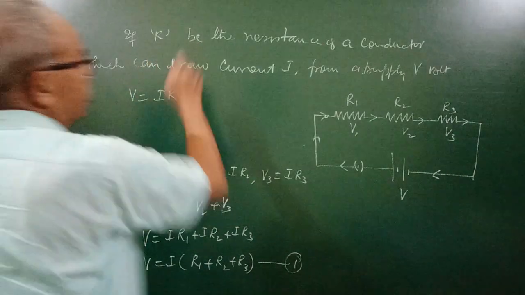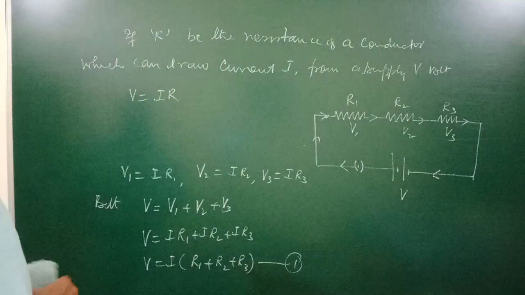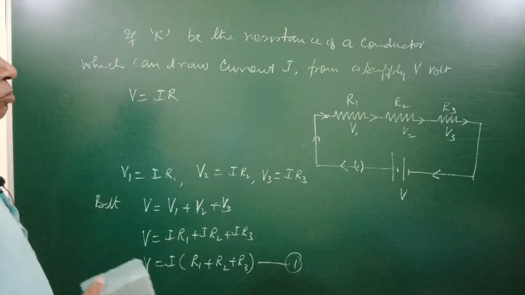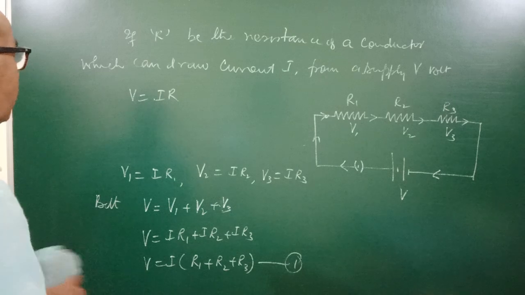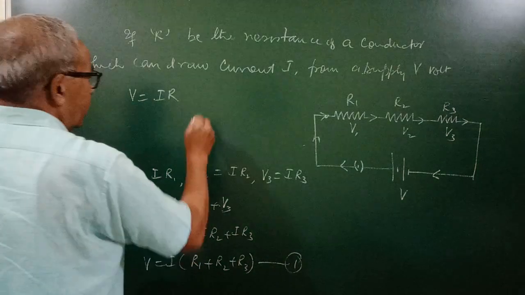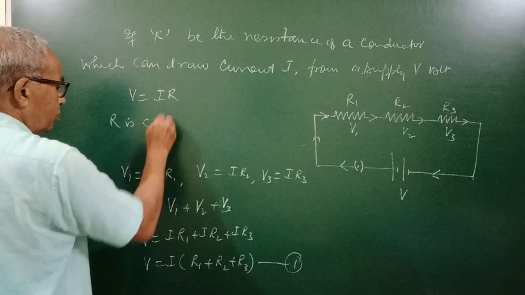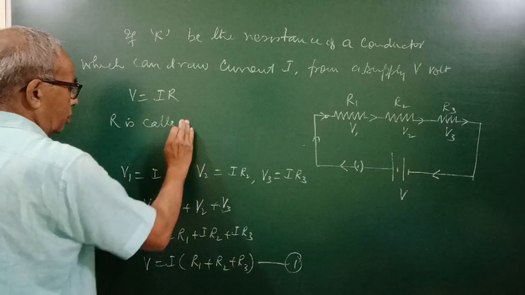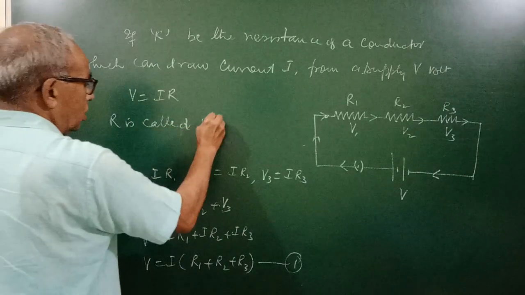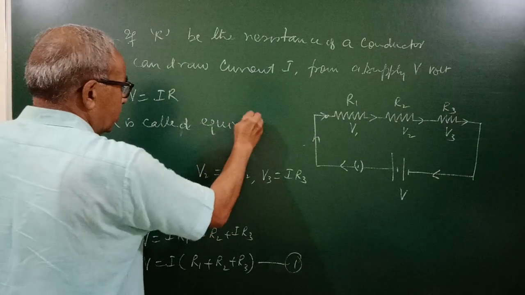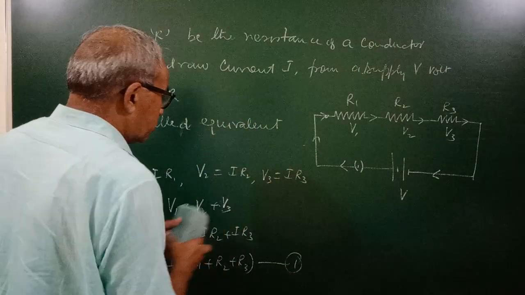If R be the resistance of a conductor which can draw current I from, say, a supply of V volt, then V equal to IR, and here R is called the equivalent resistance of the combination shown in the figure.